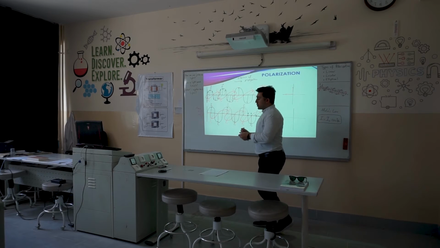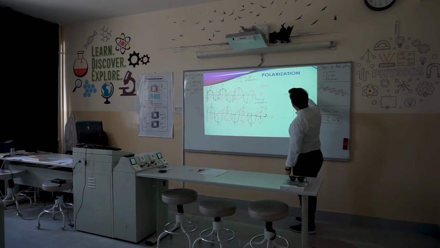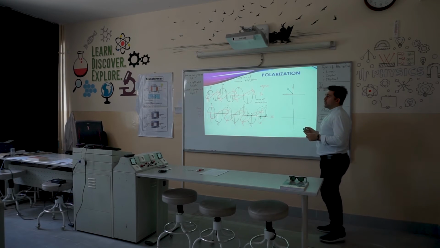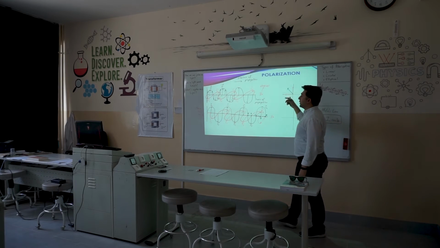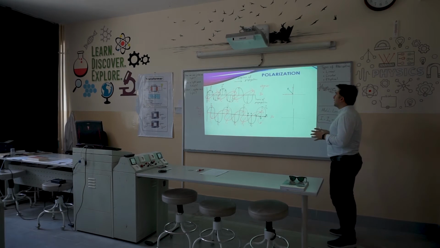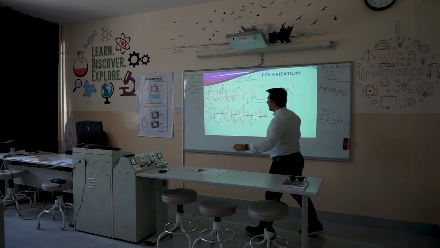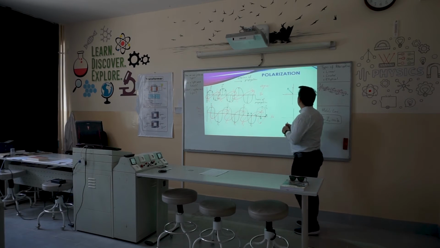So the direction of the total electric field of these two rays will become like this. If you want, we can also calculate the magnitude of this resultant vector by using the Pythagorean theorem, but for now we are only concerned with the direction. And this keeps happening over and over again, and finally we will have a circularly polarized beam.